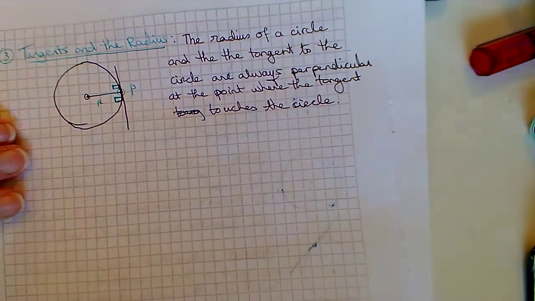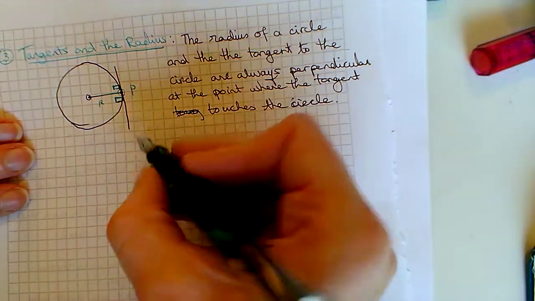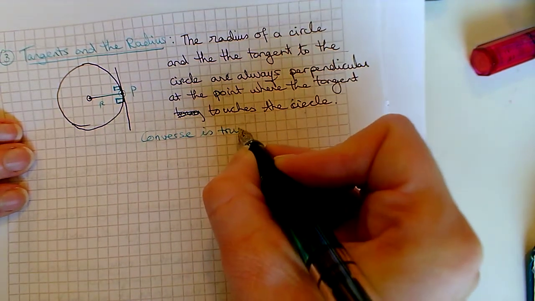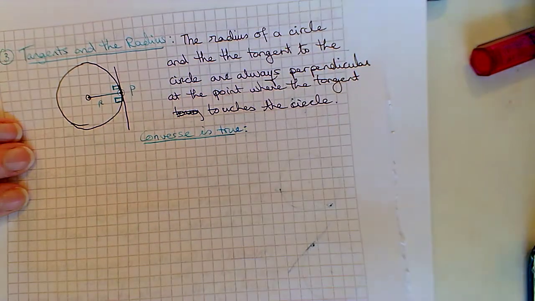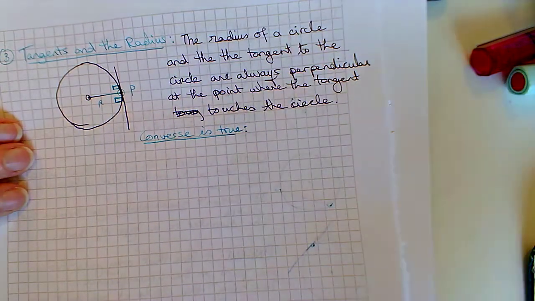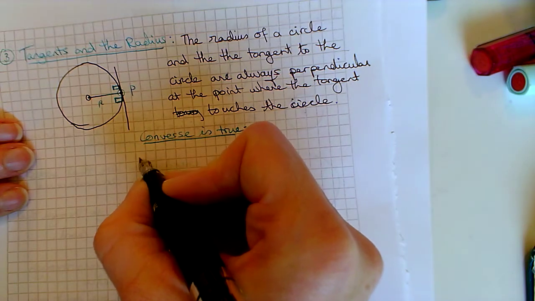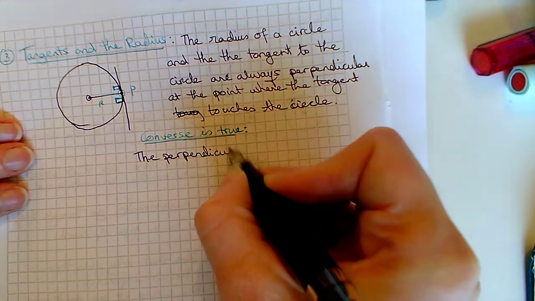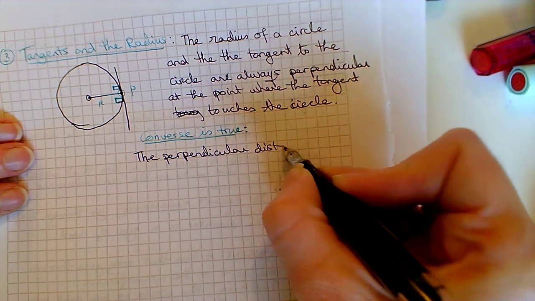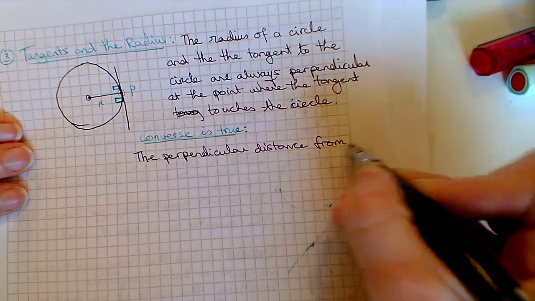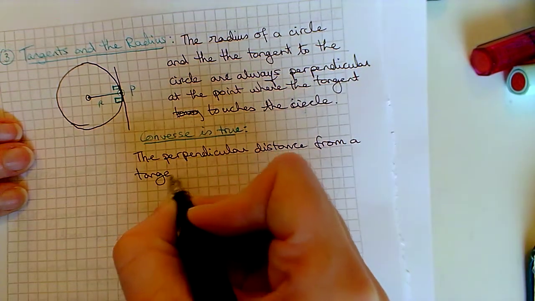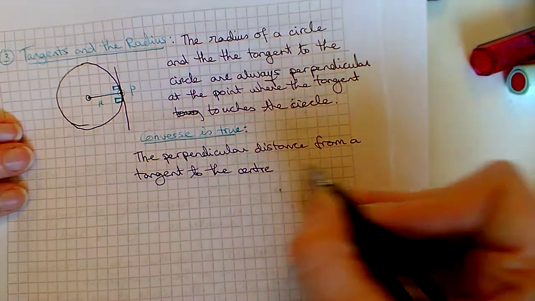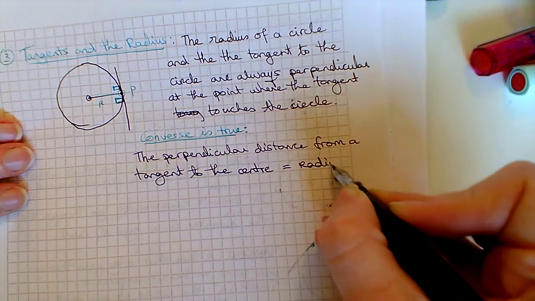And the converse of that is true as well. So the converse is true, which means that the perpendicular distance from a tangent to the centre is equal to the radius.